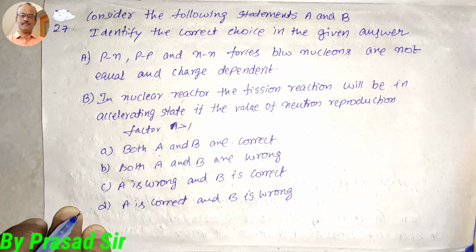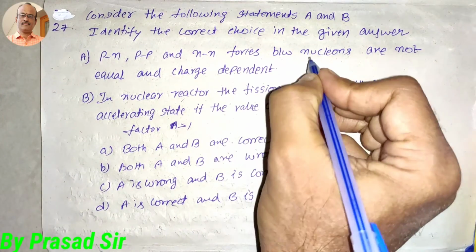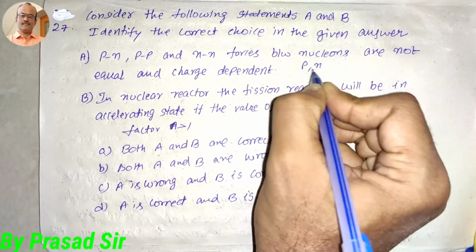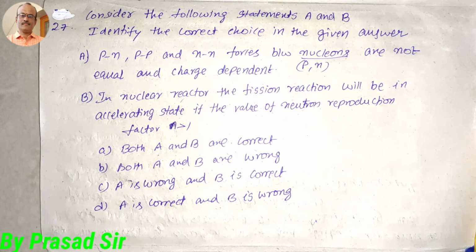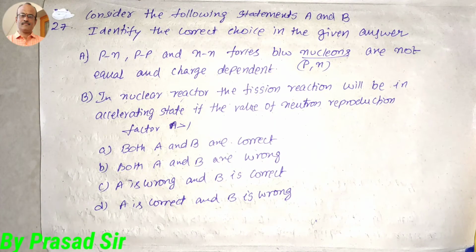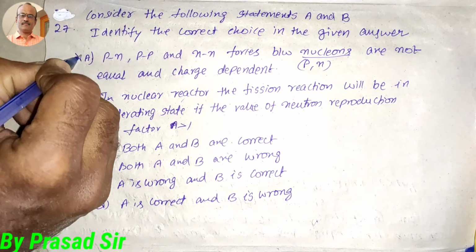So proton and neutron, proton and proton, neutron and neutron, the forces between these nucleons, that means proton and neutron are called nucleons. The forces between the nucleons are not equal and charge dependent. So this is absolutely wrong. Why? Because the forces between nucleons must be equal, and that is charge independent. So that means this option is wrong.